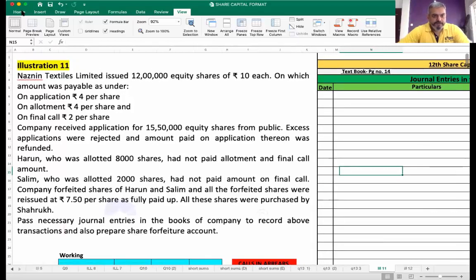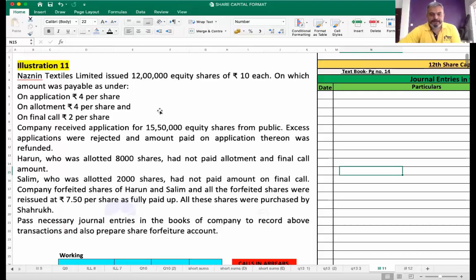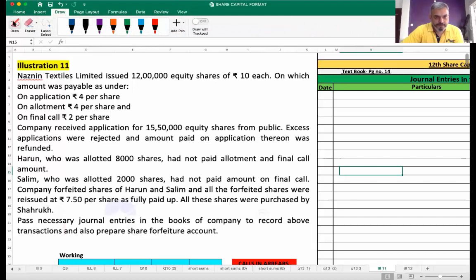Illustration 11. Nazneen Textile Limited issued 12 lakh equity shares of 10 each, on which the amount payable was as under: on application 4 per share, on allotment 4 per share, and on final call 2 per share.